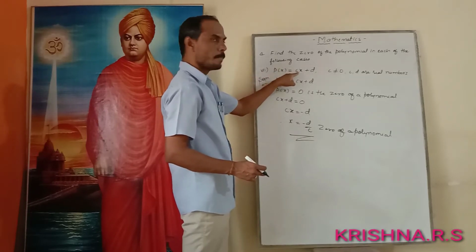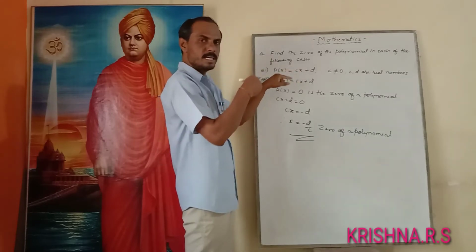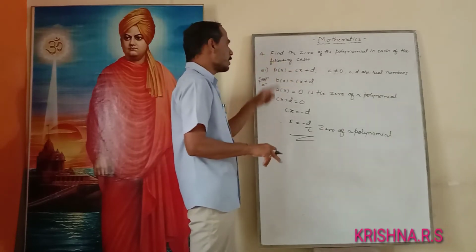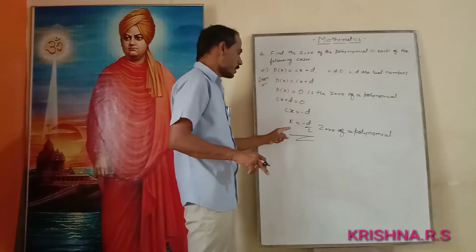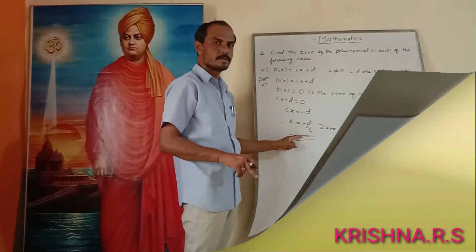What remains? Minus D. Minus D plus D cancels, it becomes 0. For this value the polynomial becomes 0: x is equal to minus D by C. I hope you understood.